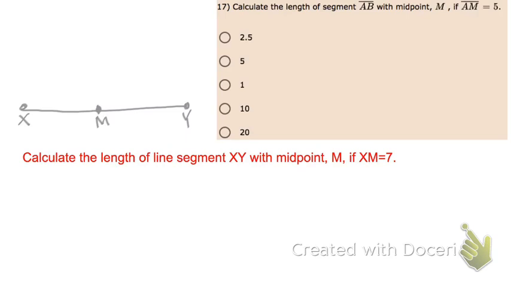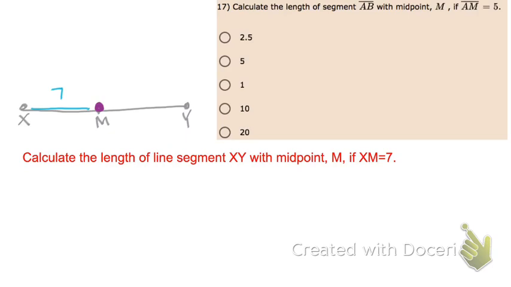And it's telling us that XM is 7. So from X to M, that is 7. So again, like the last one, if you have a midpoint, that is dividing that line segment in half.